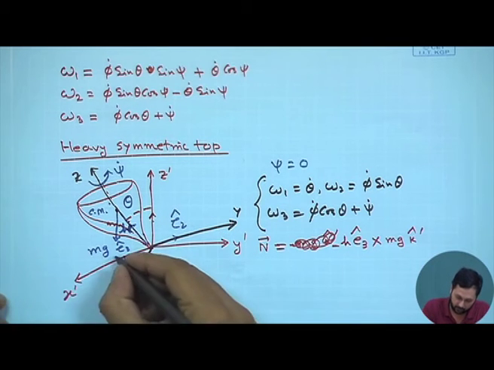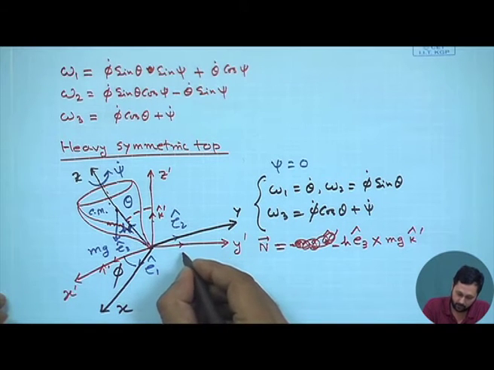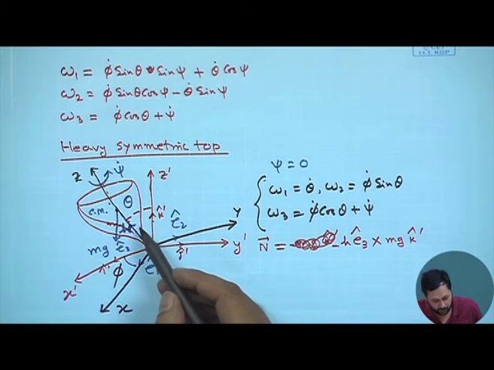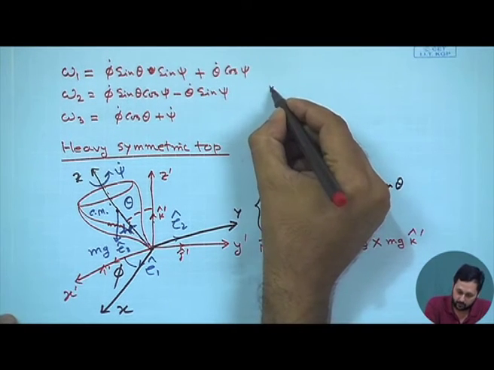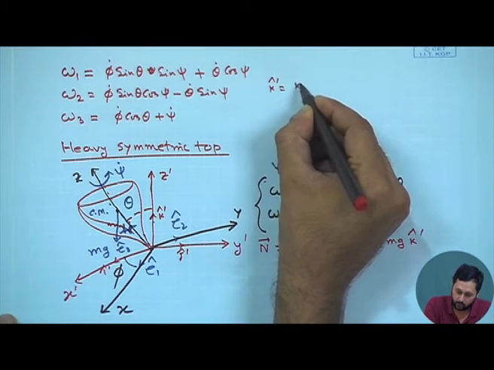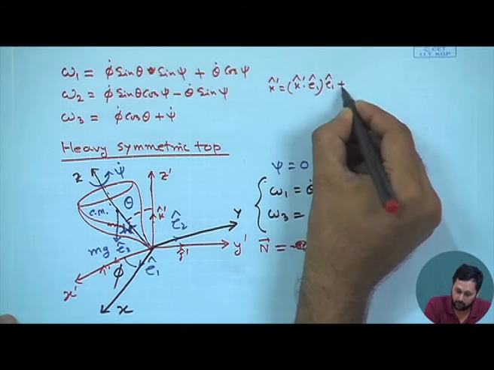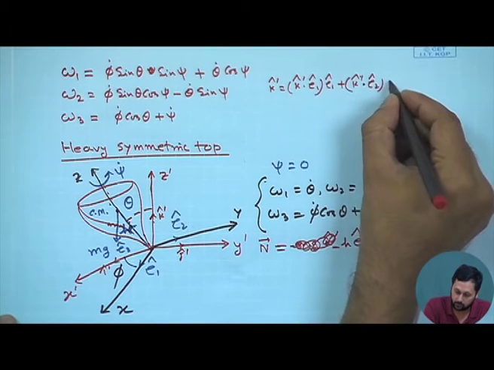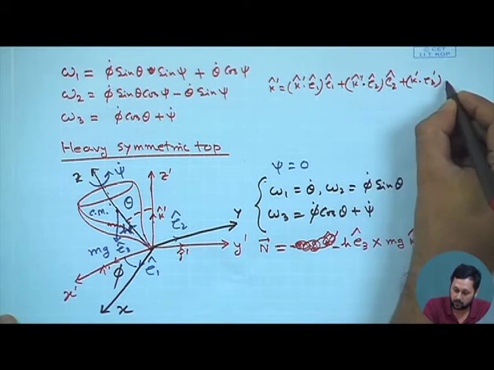In that case, we can decompose k prime in terms of E1, E2 and E3. So, if I mark them as i prime, j prime and k prime, we can write k prime equal to k prime dot E1 capped plus k prime dot E2 times E2 plus k prime dot E3 times E3.